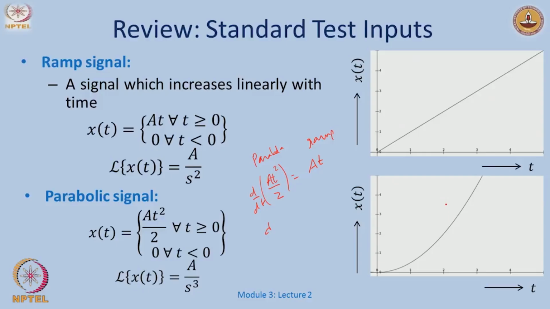Now, I differentiate a ramp and I get a step, a step of size a. Just keep this in mind for a while: I differentiate a parabolic signal to get a ramp, and I differentiate a ramp to end up with a step. Now we will see if the response also has certain behavior like this, and whether that is true or not.